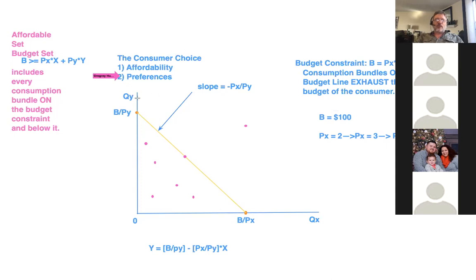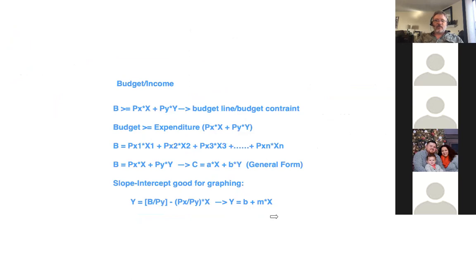Are you still with me, Sonika? Yeah. If I increase the price, or excuse me, if I increase B, I just have a greater budget, and I hold the prices constant, then this equation that describes the budget, and I'll use this one for the budget set, or we can use this one that we graph, the slope-intercept form.